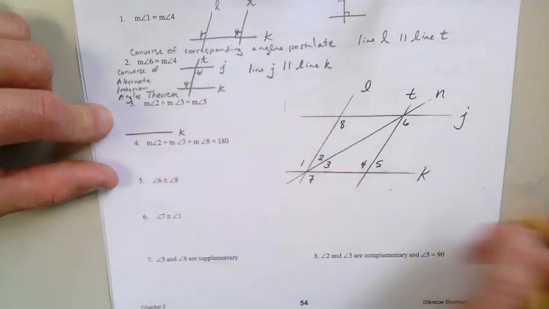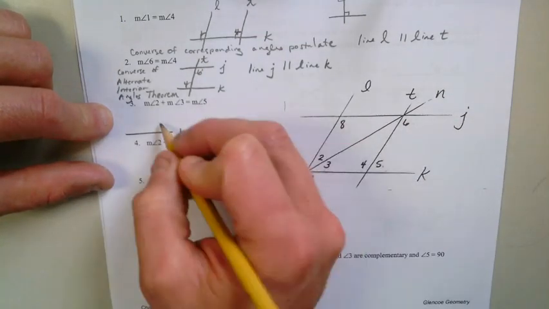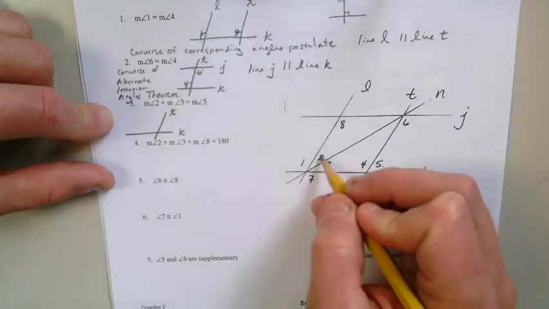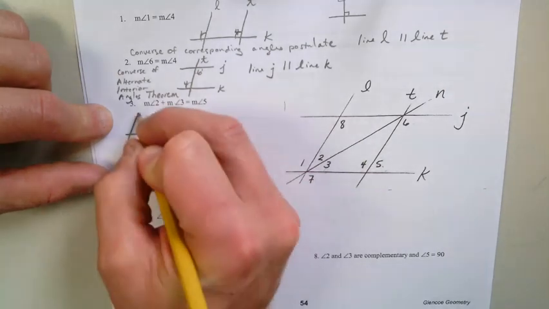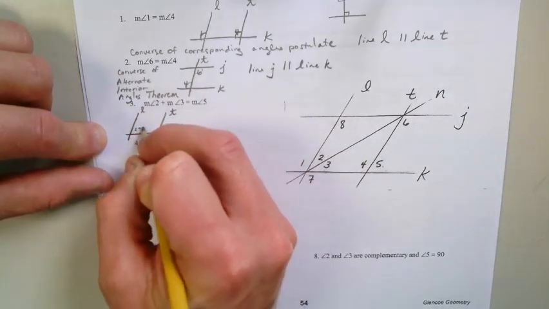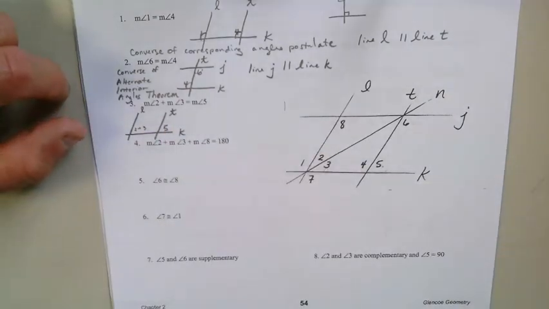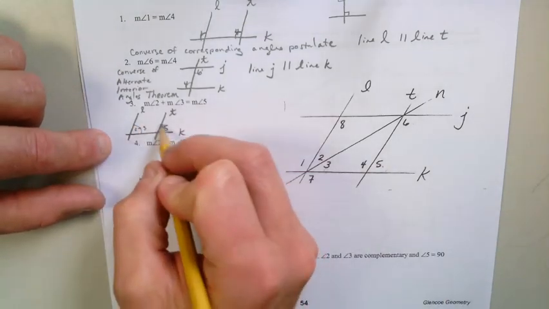Here's line K. And the other line that makes up angle 5 is T. And the other line that makes up angles 2 plus 3 would be line L. Hopefully that made sense there. So this is angle 2 plus 3, and then this is 5. Now from there, we're saying that they're equal. So this angle equals this one.